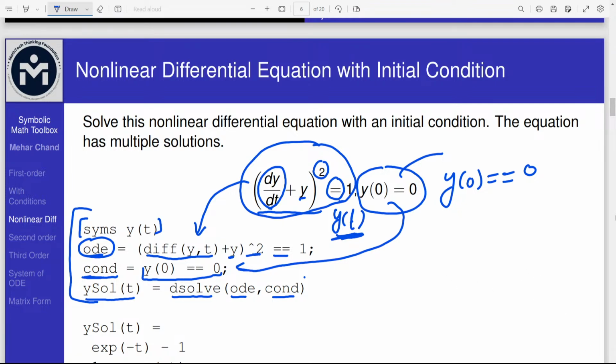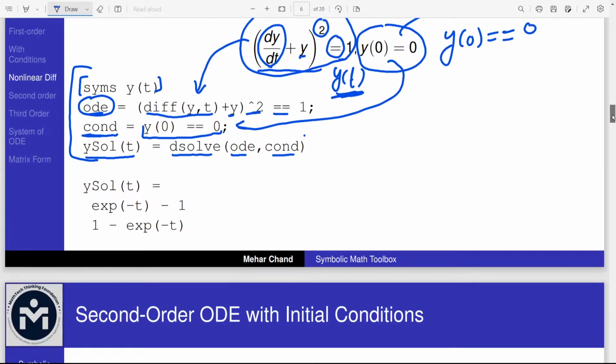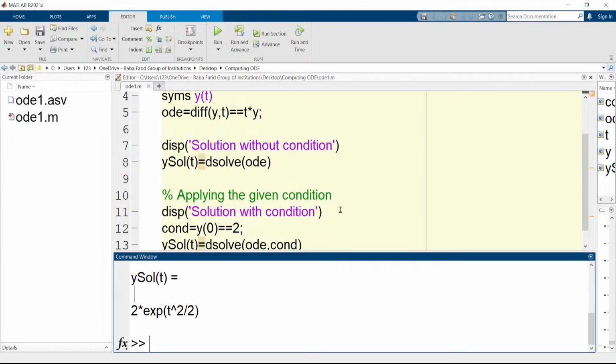You can see this is the solution, and this differential equation has two solutions. One is this one, and this is the other solution. This will return us two solutions. So in this way we can find the solution.